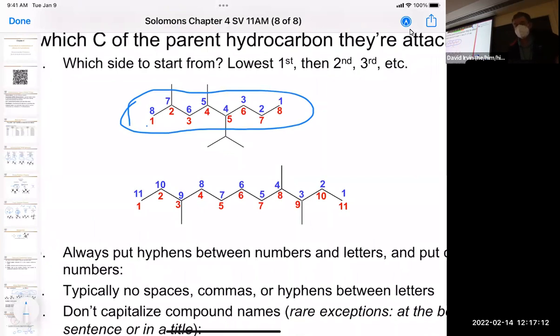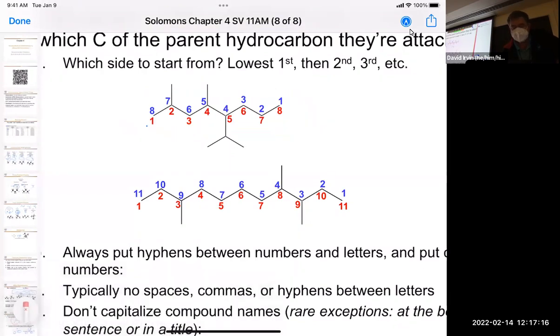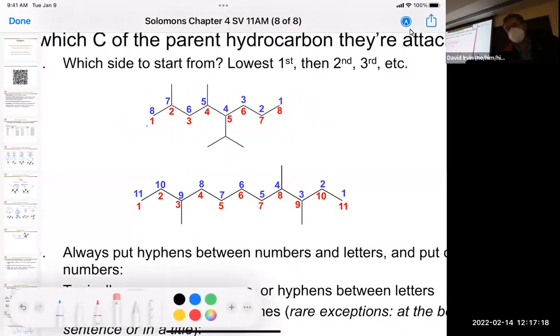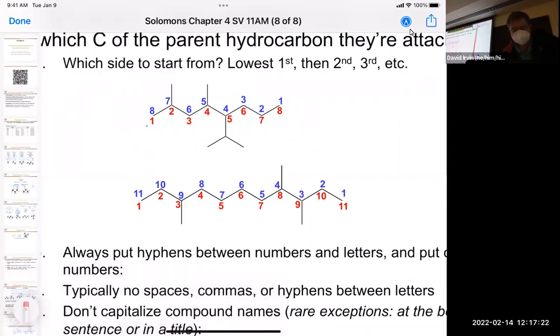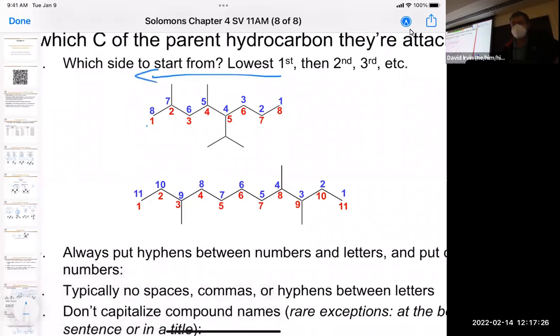If we number from right to left, the numbers would be on the top here, 1, 2, 3, 4, 5. Where's our first substituent? It's on the 4 position, then our next one's on 5, and the next one's on 7.